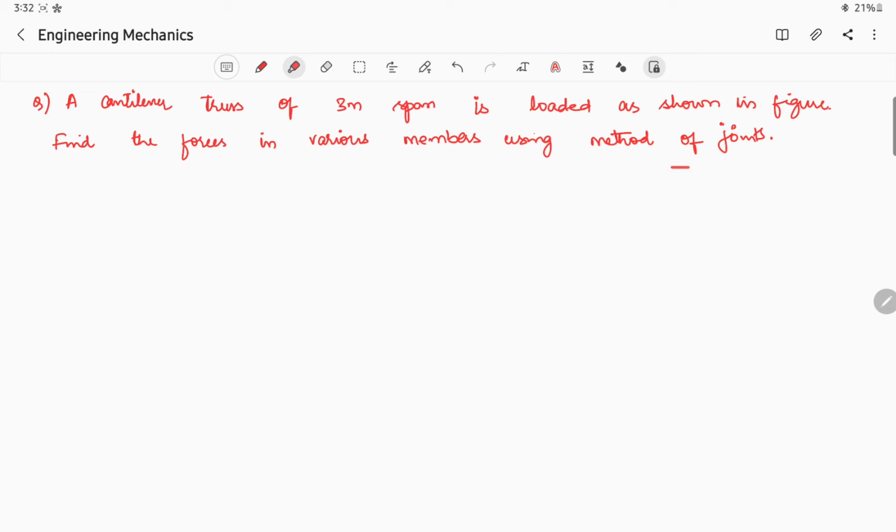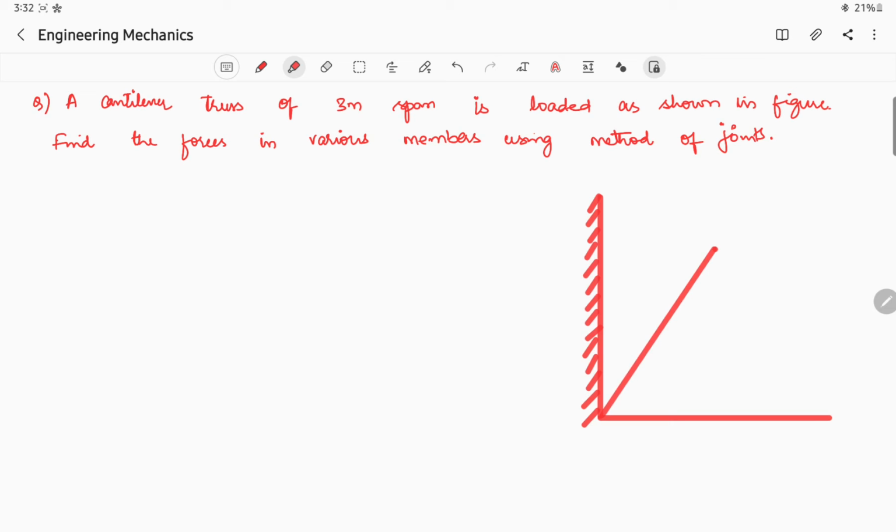This is how the truss looks like. Take down a bit left side. Cantilever truss is nothing but one end fixed and other end free, and this is how the base is resting. This is our cantilever truss.